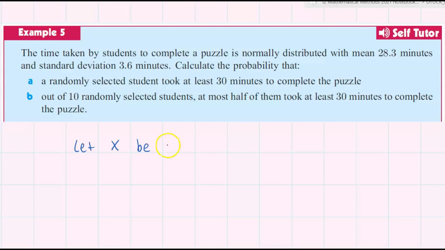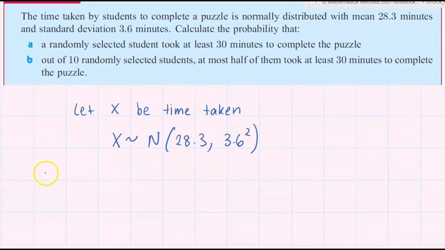Well done. Time taken to complete a puzzle. All right, x is distributed normally, mean 28.3, comma, sigma squared. You do not need to bother finding out what 3.6 squared is, just leave it like that, that's fine.